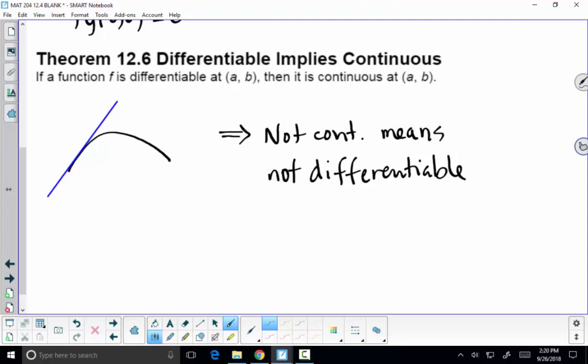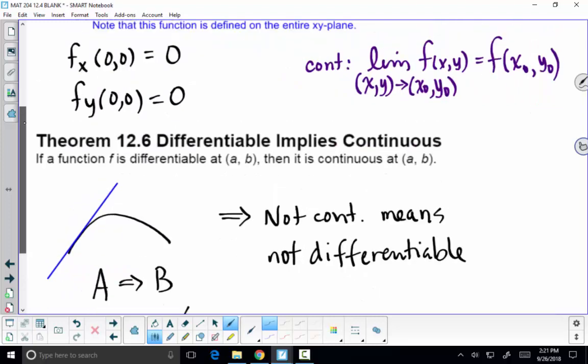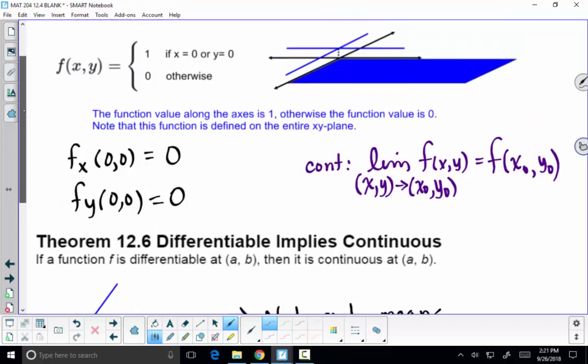If A implies B, then not B implies not A. In logic class, they'll call that the contrapositive. So not continuous, no way it's differentiable. So our surface up here is definitely not continuous, so it's definitely not differentiable.